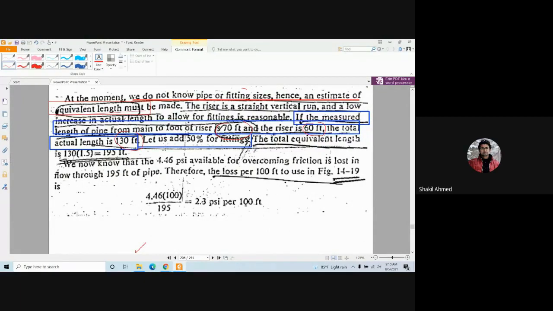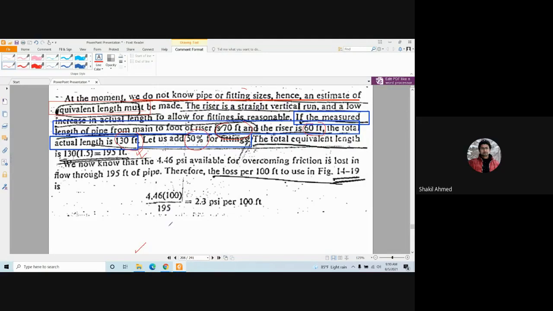Now, since we do not know the pipe size yet, therefore we will make provision for the fitting losses by virtually increasing the pipe length.